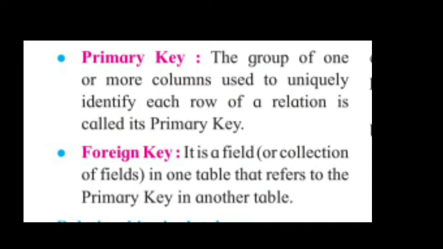Let me focus on the first key, the primary key. A primary key is a unique identification key, information within a row which cannot be duplicate or null, that is, empty.